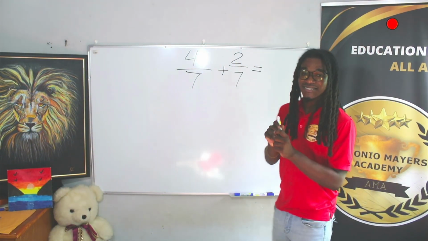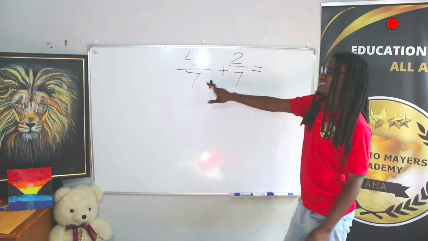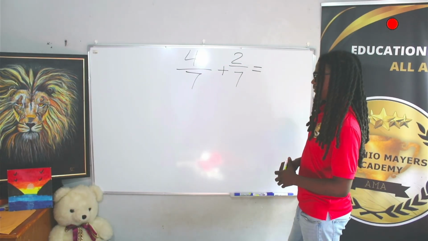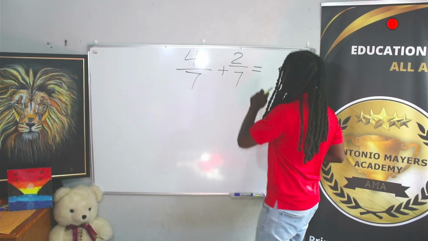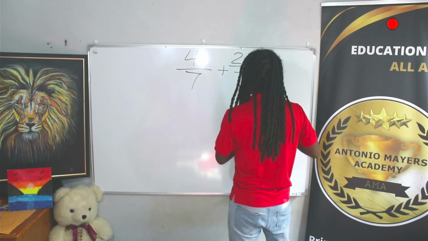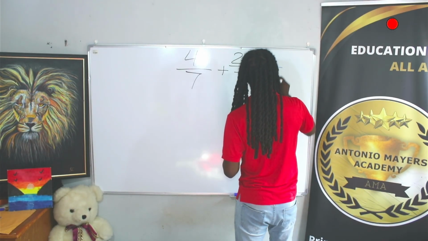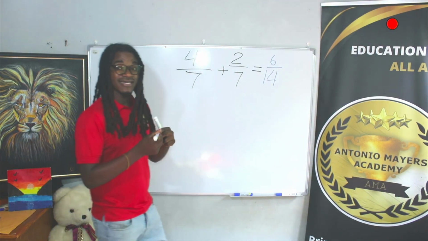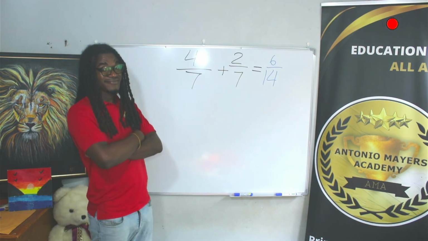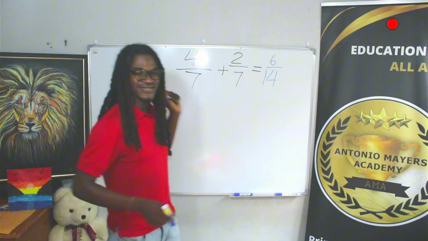Do we say that 4 plus 2 is 6 and 7 plus 7 is 14? So we will have, what would that be? 4 plus 2 is 6, so we'll have what? 6 over 14. How many people think that this is the correct thing to do? This is not it here, right?